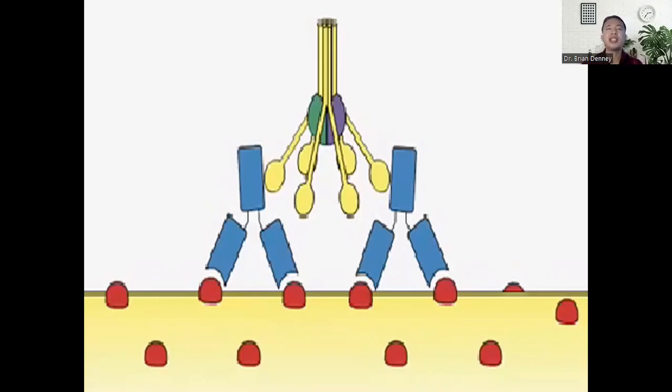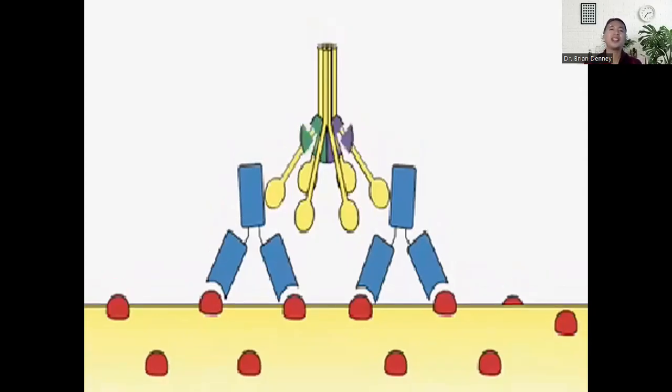How many domains of C1R and C1S are activated? 2. We have the catalytic and interactive domain. Say, become activated. Yes, now they are activated, your C1R and C1S, and so they are now ready and primed to activate the next complement protein.